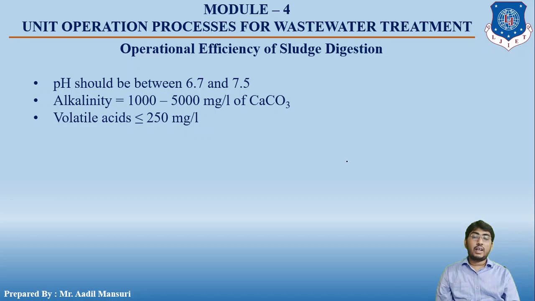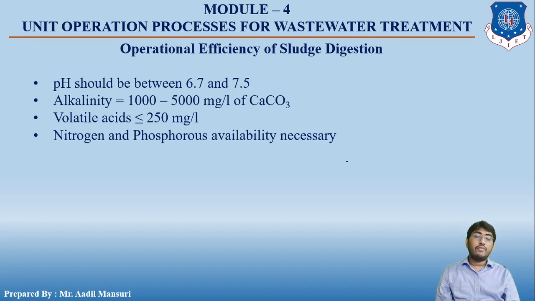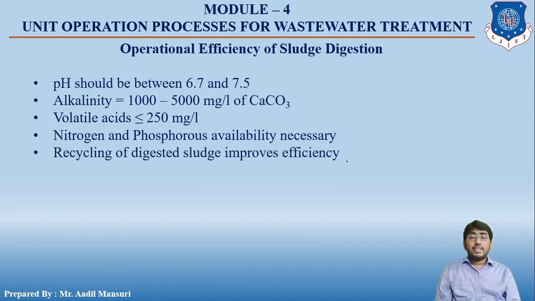Volatile acids are less than or equal to 250 milligram per liter. Then nitrogen and phosphorus availability is necessary in case of sludge digestion. Recycling of digested sludge improves efficiency.